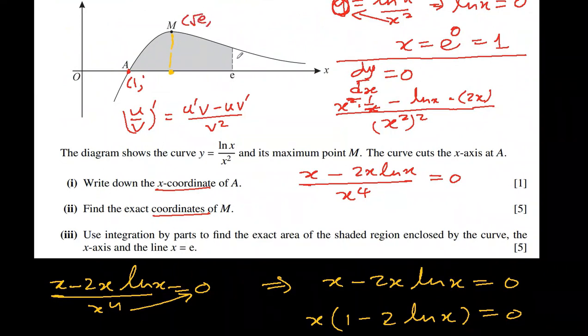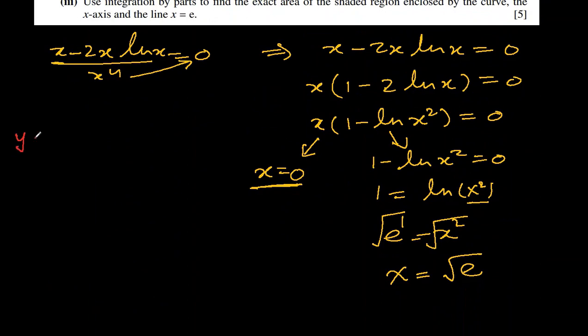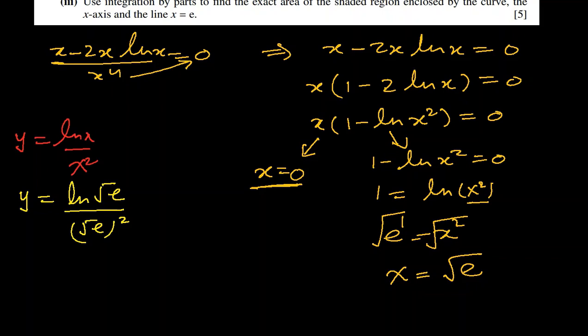We have to find the y coordinate because they're asking for coordinates. That means y has to be found, and we will substitute x into y equal to ln x over x². So y equals ln square root e over (square root e) squared. ln and e are inverse of each other, so if you put that in your calculator, you'll get just half.